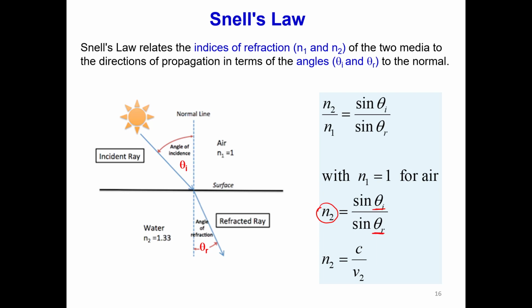If we know the index of refraction, and we know the speed of the light in vacuum because it's a constant value, then we can solve for the velocity of the light in that particular medium. And this is one of the applications of the Snell's law, and we will apply this equation in our index of refraction experiment.